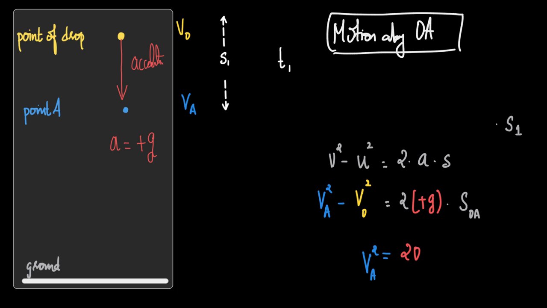Another way of looking at it, the body is traveling downwards. Initial direction of motion is also downwards. Since both of them are downwards, acceleration would therefore be positive, right?